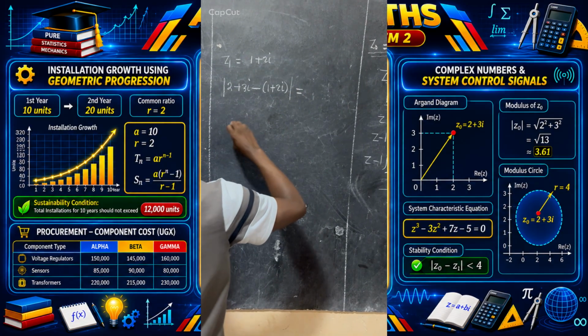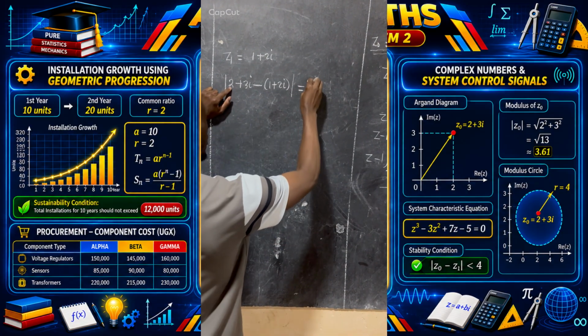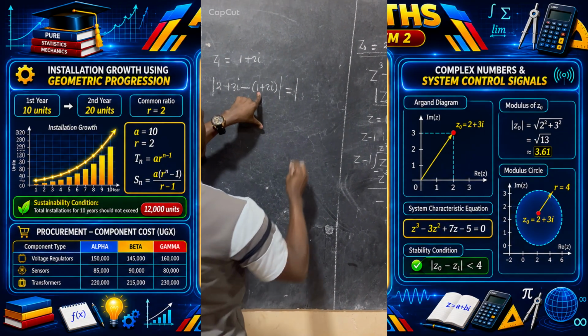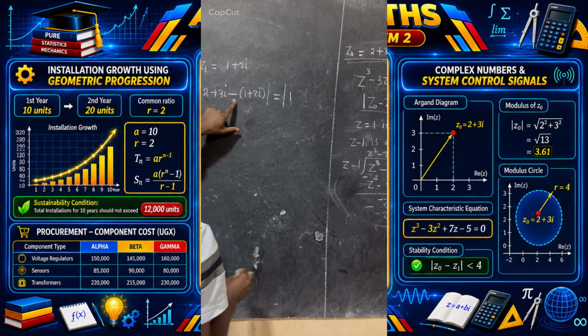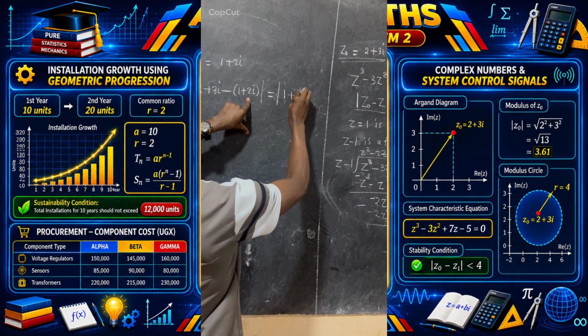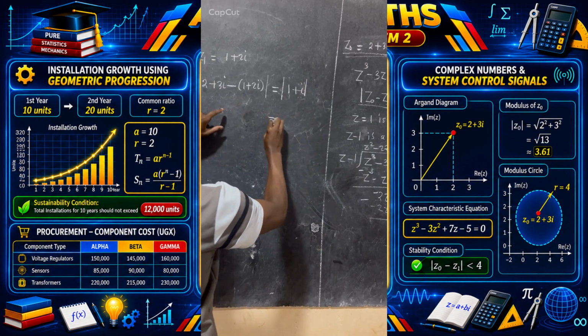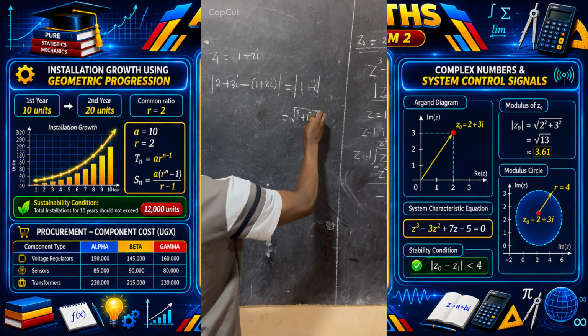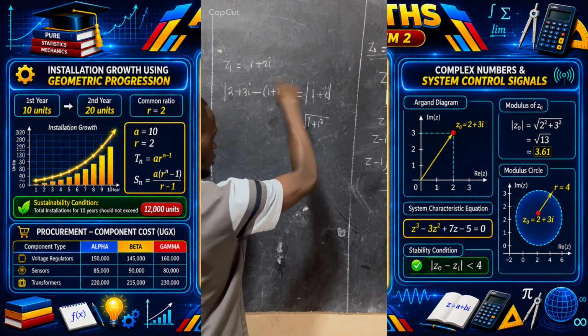So this is equal to, if I open brackets, I'm going to skip some steps, I'll have 2 minus 1, which is 1. Then I'll have 3 minus 2i, which will give me i. So getting the magnitude, it will be 1 squared plus 1 squared, the coefficient of i. We don't square i.